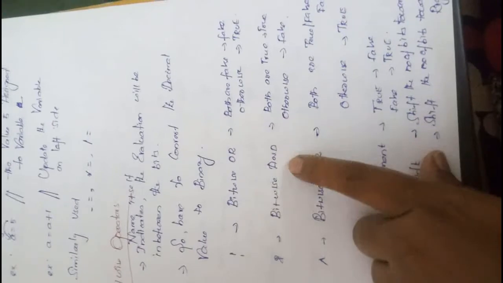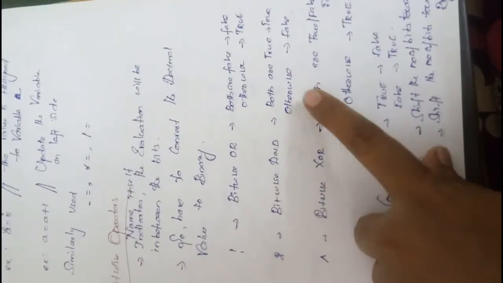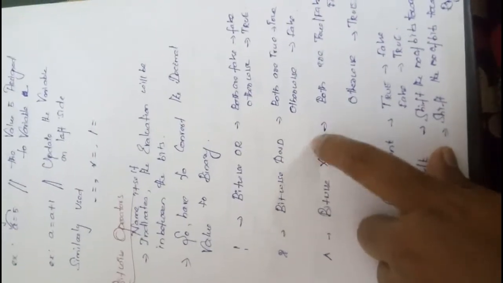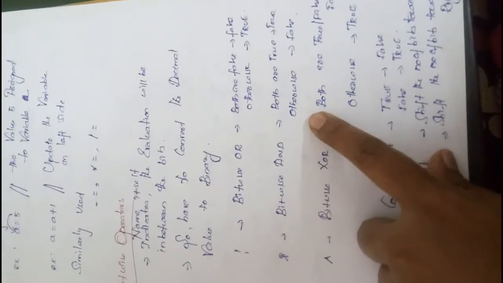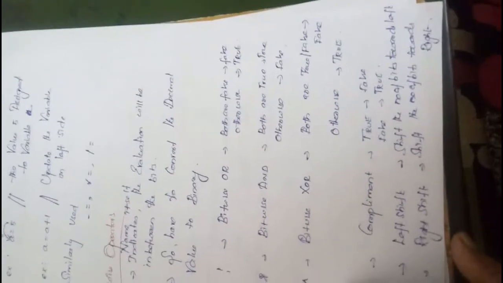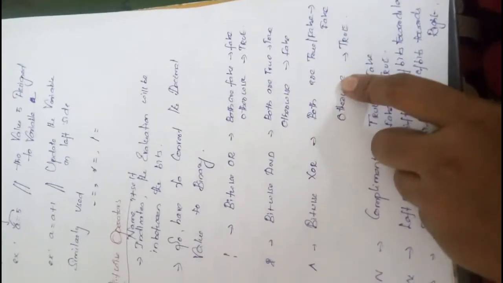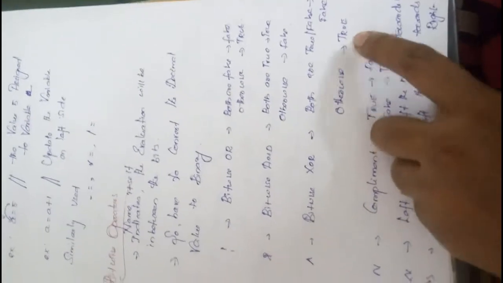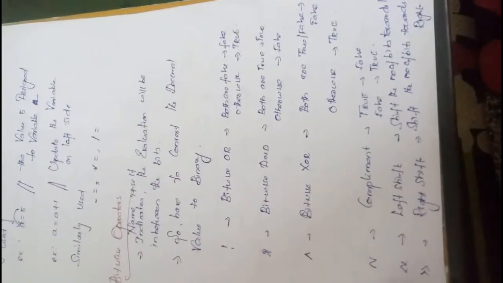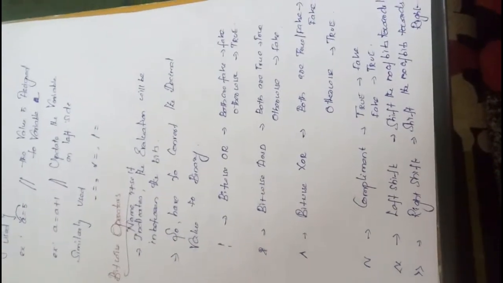For example, 1 and 1, the result will be 1. If 1 and 0, then definitely the result will be 0. In order to perform bitwise XOR, if both are the same, then the result will be false. If they are different, then the result will be true. Next one is complement. Complement is nothing but just a negation. If the value is true, then the result will be false.